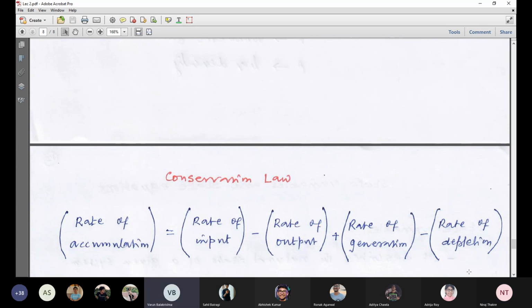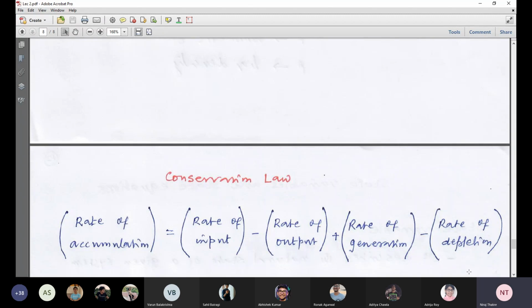So we can replace it with a single term called rate of change of the quantity. So it can be either positive or negative to show whether it's generation or depletion. So basically they are identical, just they differ with the sign. Okay. So either we can put here rate of generation or rate of depletion.